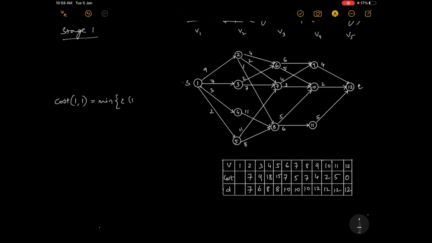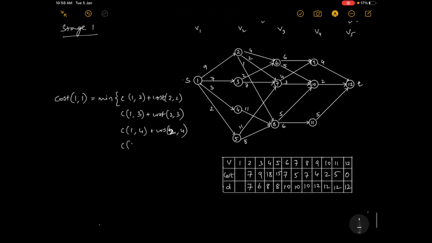C of 1 comma 2 plus cost of stage 2 vertex 2, C of 1 comma 3 plus cost of stage 2 vertex 3, C of 1 comma 4 plus cost of stage 2 vertex 4, C of 1 comma 5 plus cost of stage 2 vertex 5.